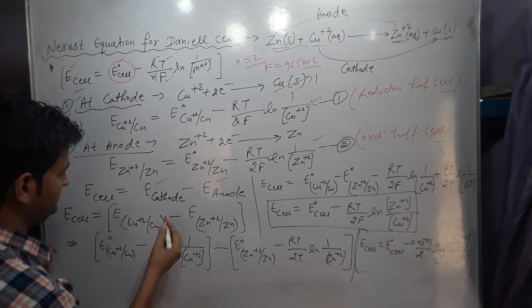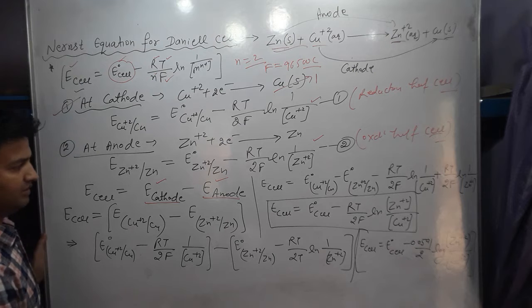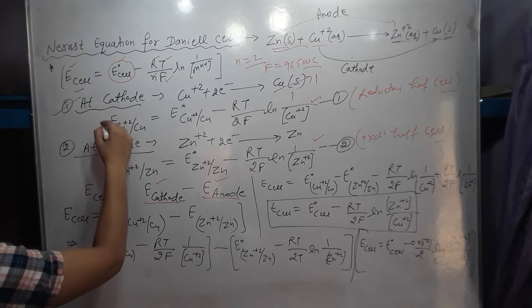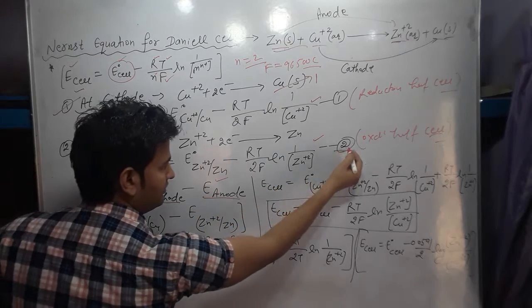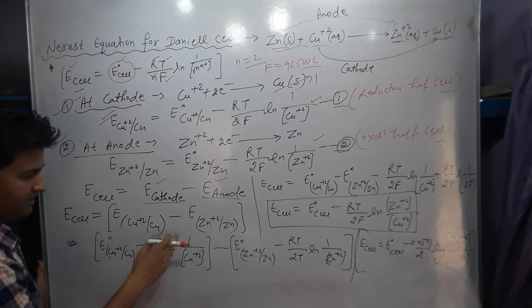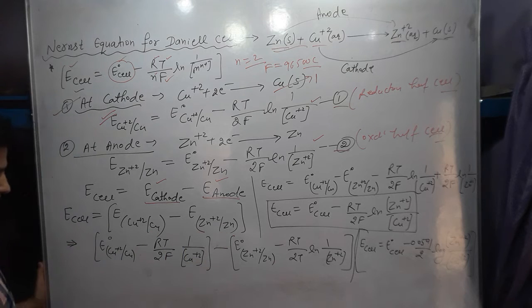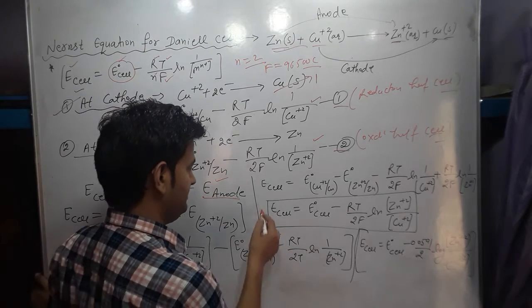So we subtract EMF at the cathode minus EMF at the anode. At the cathode the EMF is equation 1 and at the anode equation number 2. So we subtract both these equations. So here we write the EMF of the cell, the EMF of the copper and the EMF of the zinc ion. Both are subtracted, then we can write this equation.